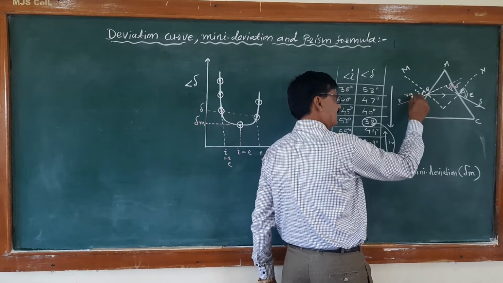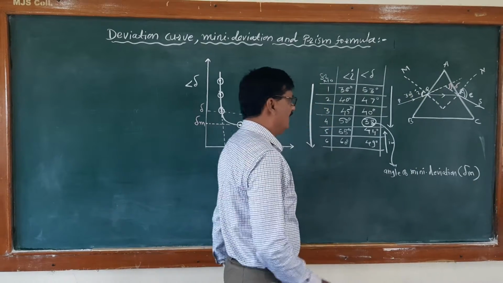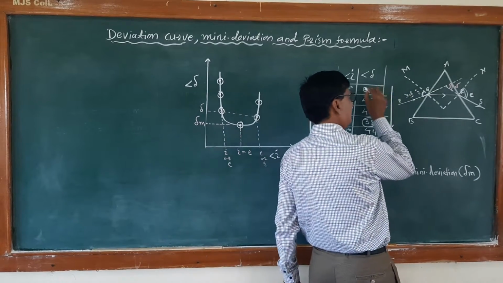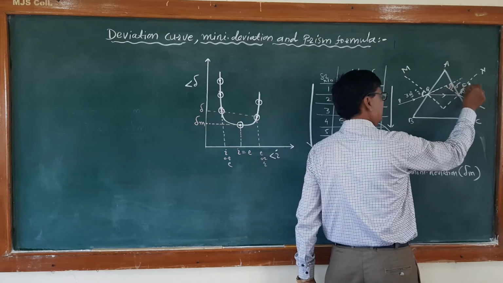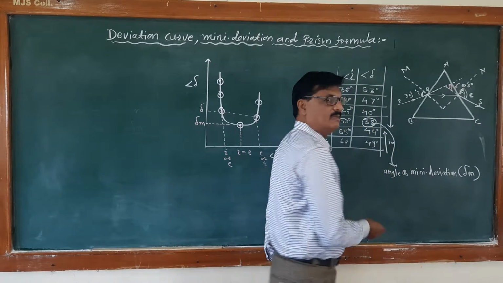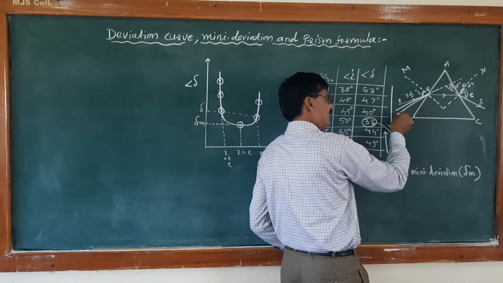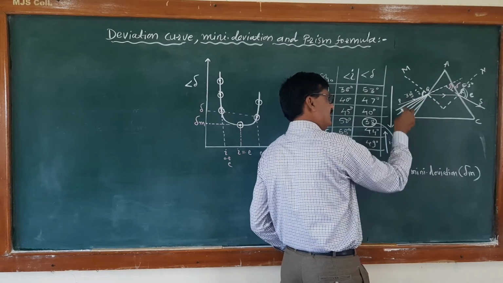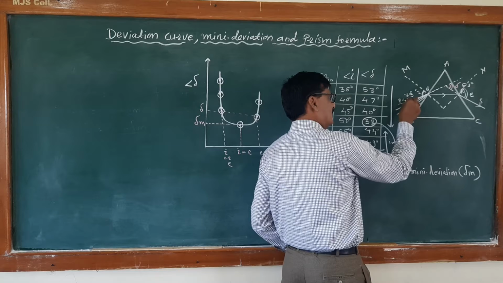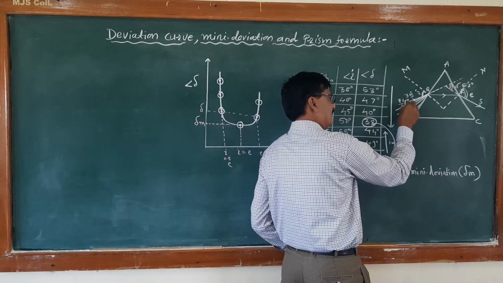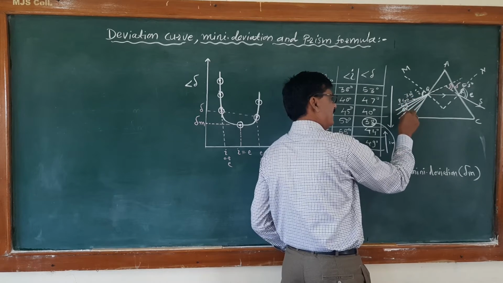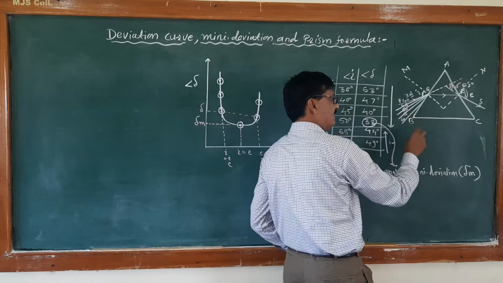Therefore, in this way, experimentally, if you measure, the angle of incidence is 35 degree and the angle of deviation measured at that time is 53 degree. In a similar way, for the second reading, third, fourth, and fifth observations, the angles of incidence are 40, 45, 50, 55 degree and 60 degree.